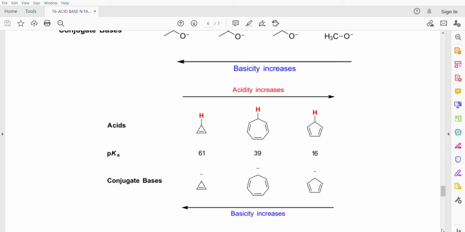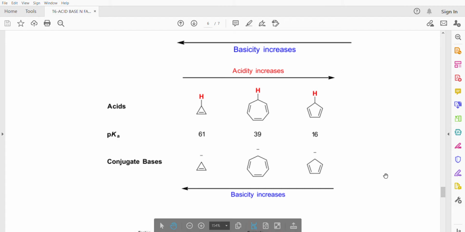Then we see some closed rings. They have pKa values of 61, 39, and 16, and you see that this is cyclopropene, and cyclopentadiene.